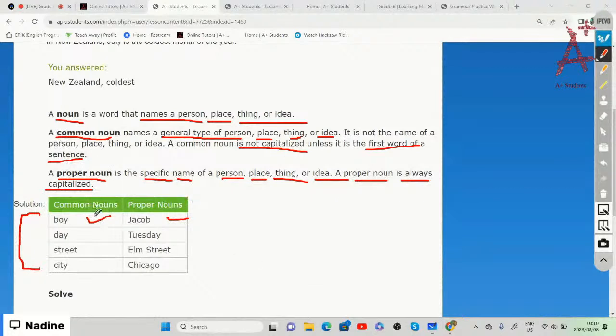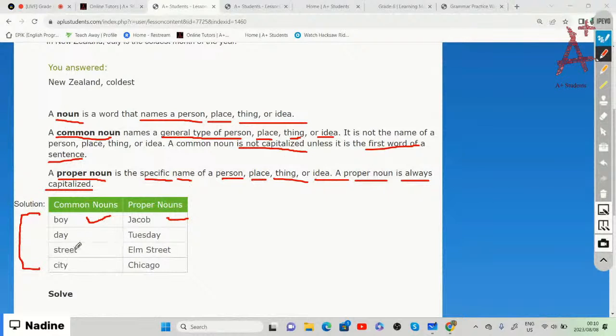And that, the name Jacob, is a proper noun. And the common noun is, for example, where you just say boy, or you just say girl, or you just say man, or you just say woman. Then we have day. If we just say, oh, any day or that day, we don't know what specific day you are talking about.